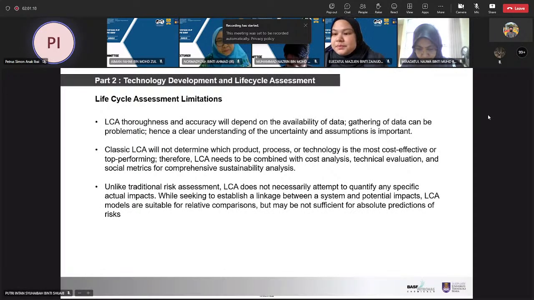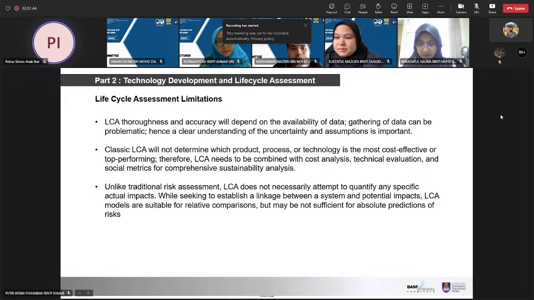The classic LCA will not determine which product, process, or technology is the most cost-effective or top-performing. So that's why the classic LCA needs to be combined with the cost analysis, of course, with the technical evaluations and other social metrics, in order to become a comprehensive sustainability analysis.